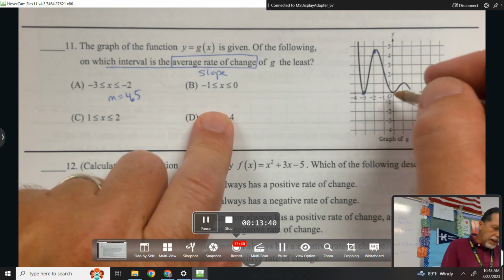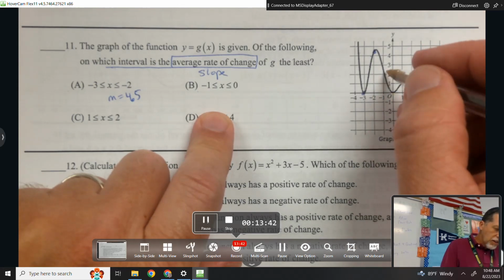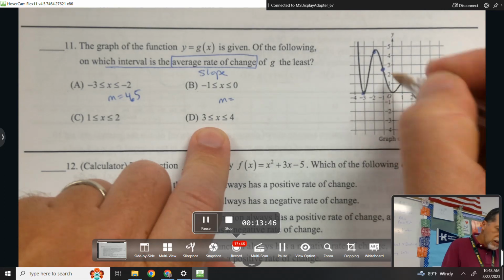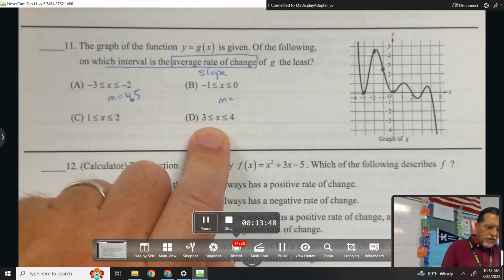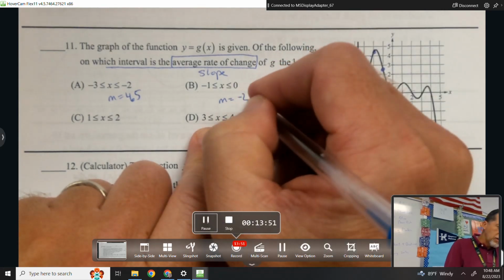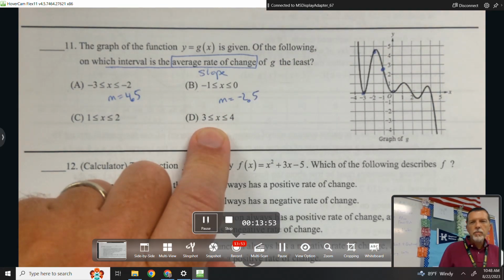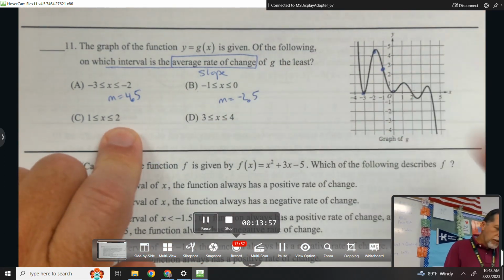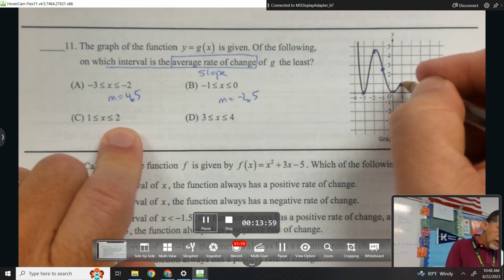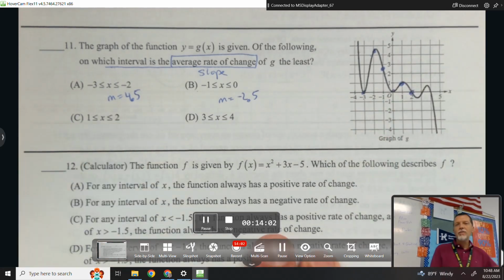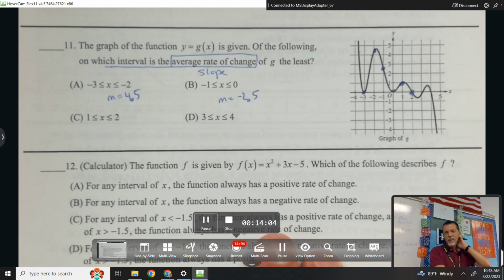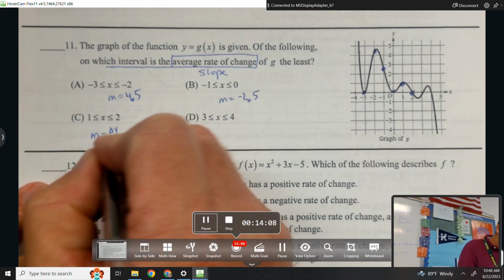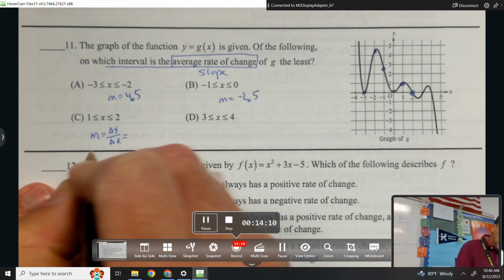From -1 to 0, the slope is -2.5, because we're going down, so -2.5. From 1 to 2, all of these have a spacing of 1, so I don't have to divide by anything. So my change in y over change in x from 1 to 2 is -1.